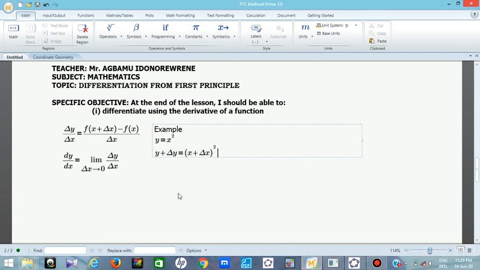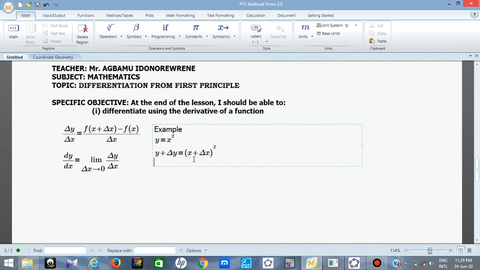Then the next thing is, I need to take the value of y to the other side of this expression, which is the same thing as the function. You remember we did it. The function itself is y1, and this is y2, so you take it to the other side, which is y2 minus y1. That will be our next step.